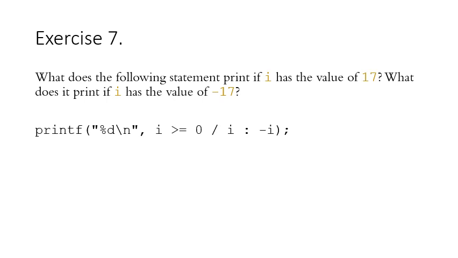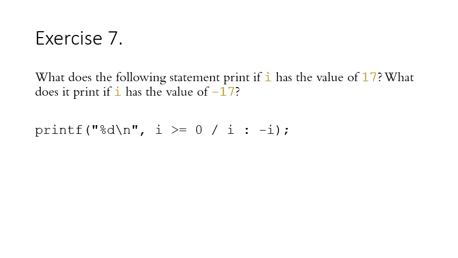Okay. So let's have a little bit of an exercise. What does the following printf statement print if i has the value of 17? What does it print if i has the value of negative 17?